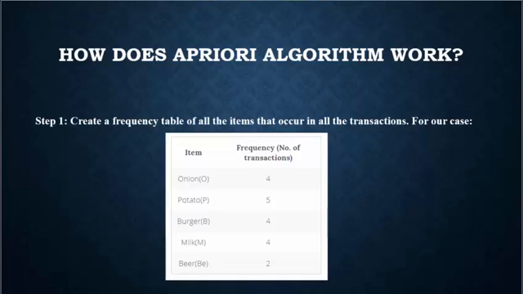Step 1 is to create a frequency table of all the items that occur in all the transactions. For our case, we have the items onion, potato, burger, milk, and beer.